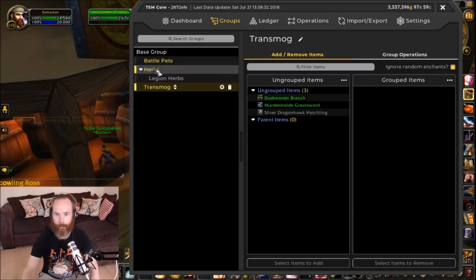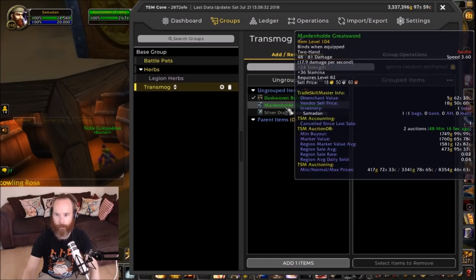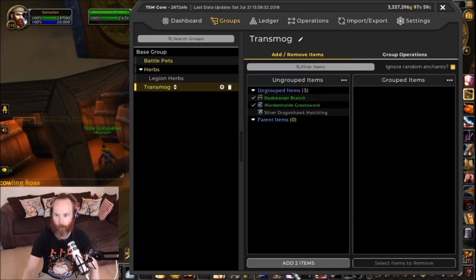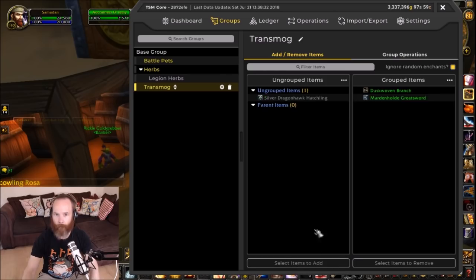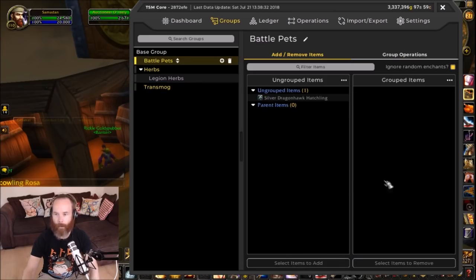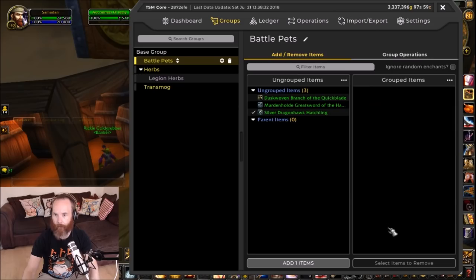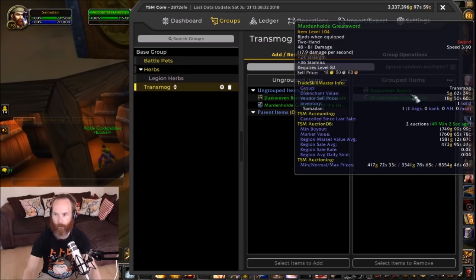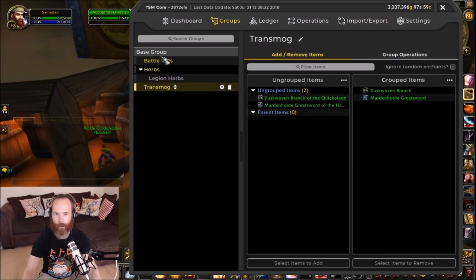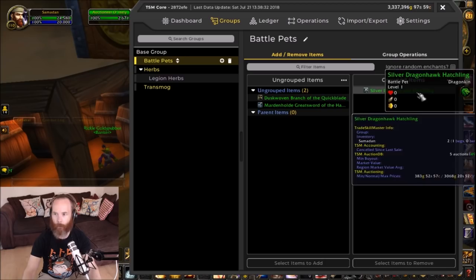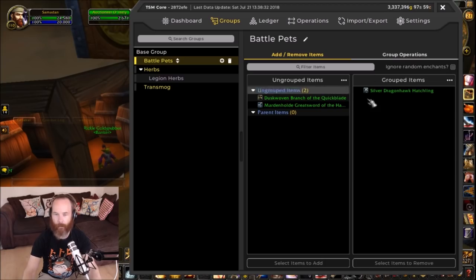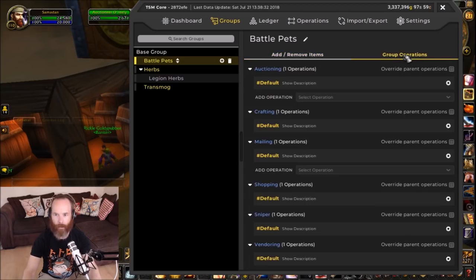So we can add into our transmog group here, we're going to add in Duskwoven Branch and then Mardenhole Greatsword, add those in there, and then for the battle pet, I'm actually going to turn this off at the moment, so it's gone back to the regular one, and I'm going to click Silver Dragonhawk Hatchling level 1. I'm going to add that in. So now we have this, the two transmog items in our transmog group and our battle pet in the battle pet group. Now each of these can have different operations, or they could have the same operation.